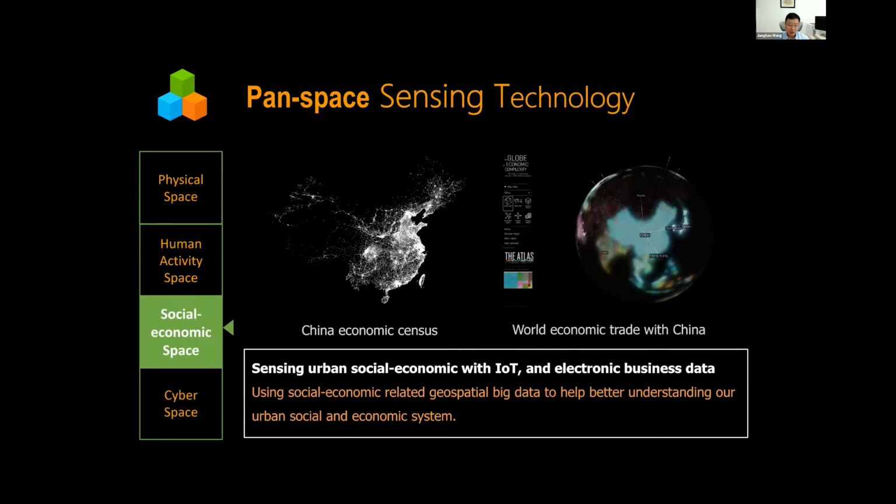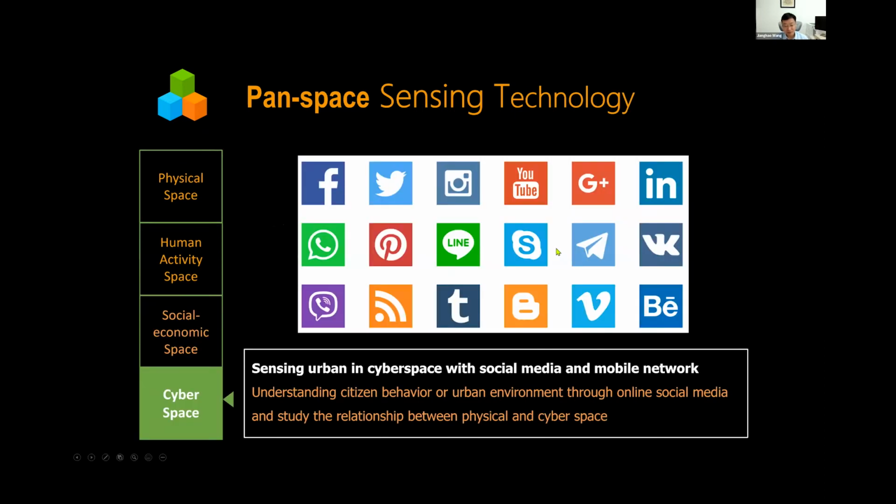Third is the social economic space. It refers to sensing urban social economics with the Internet of Things and electronic business data, which can adapt social economic related geospatial big data to better understand our social and economic systems.